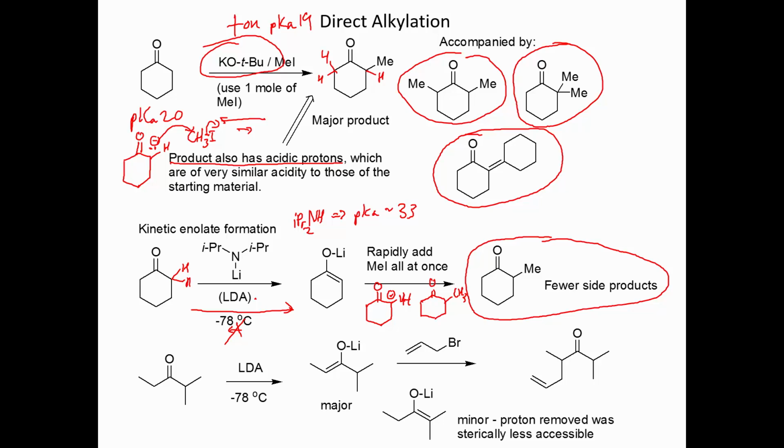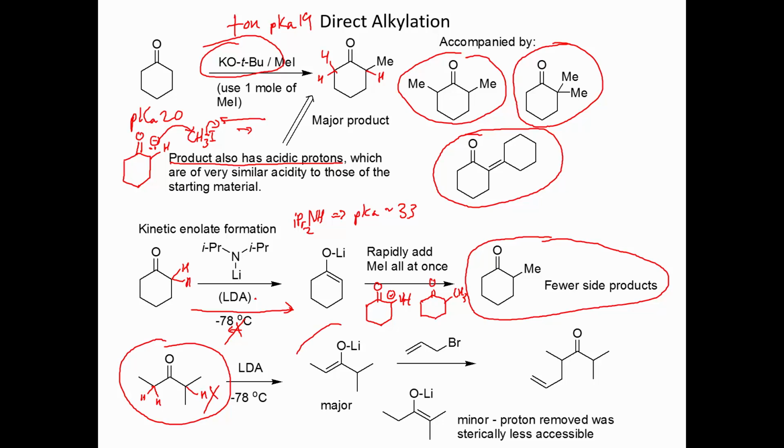Here's a compound that has two enolate possibilities. Remember, LDA is quite a hindered base, and it typically goes for the less hindered proton, and that would be one of these two, and not that one right there.